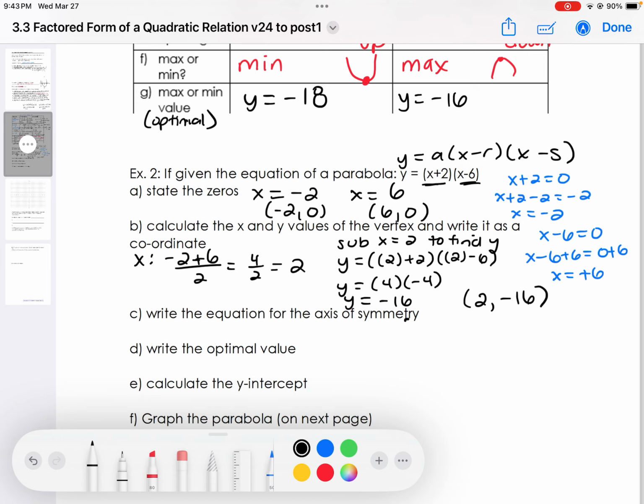Okay, it does say to state it as a coordinate. So this time I emphasize that you should write it as an ordered pair. So the equation of the axis of symmetry is the x value. The optimal value is the y value of the vertex.